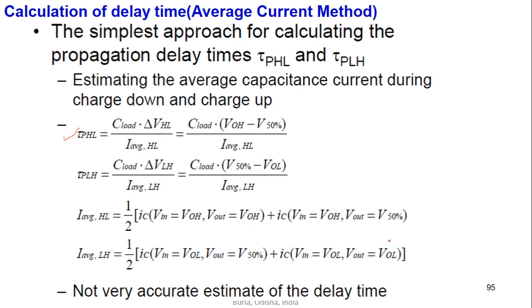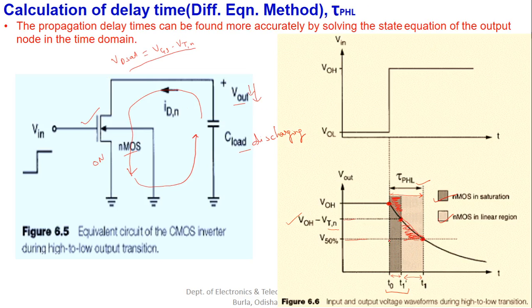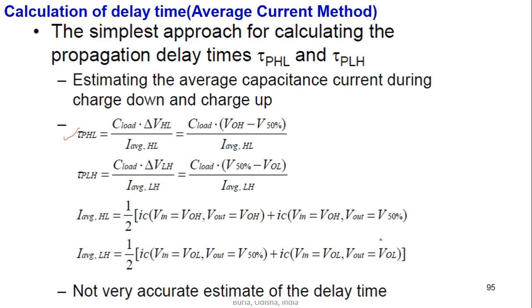So okay, that thing is there, but here for this case tau PHL is basically, for this approach we will not take those two things here. We can simply write here the delta VHL, that is delta VHL is VOH minus V 50%.